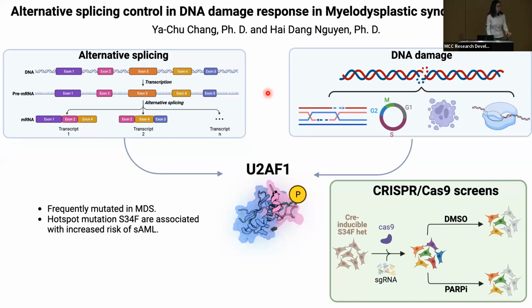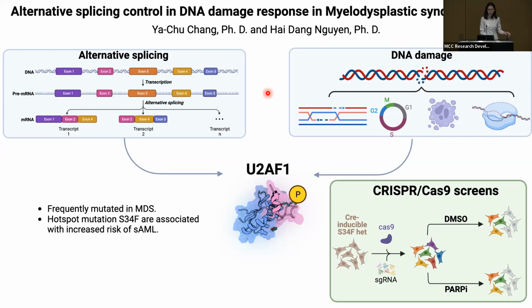And why does that matter in my research? So our lab is interested in MDS, or myelodysplastic syndromes, which is a group of cancers where immature blood cells in the bone marrow never mature or become healthy blood cells.